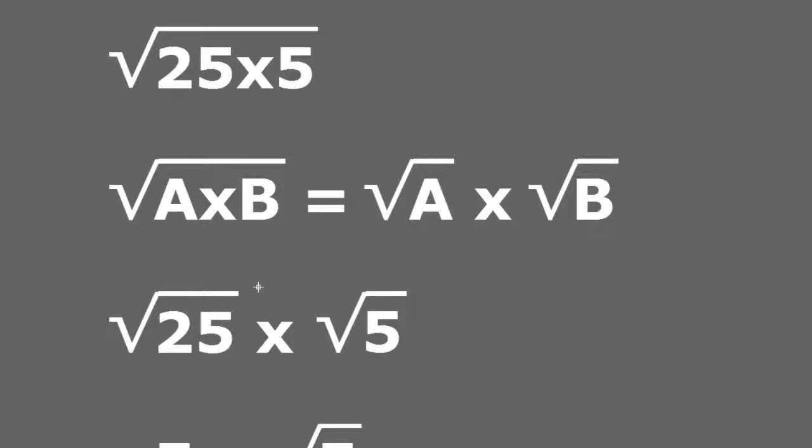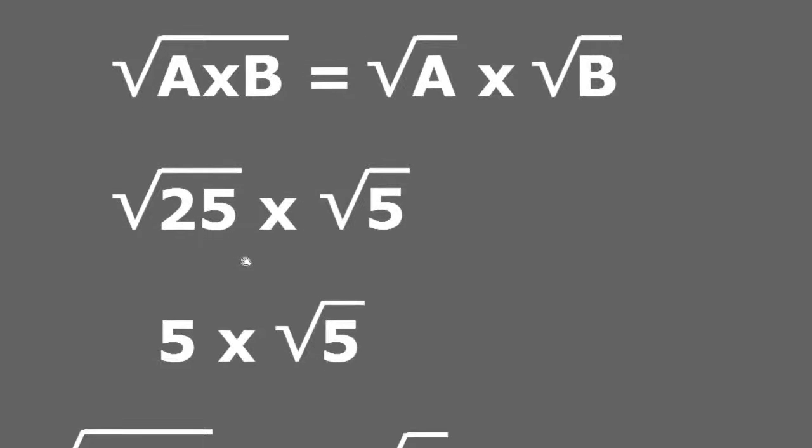So when I do this, what this allows me to do is to find the principal square root of 25. The principal square root of 25 is the number 5, positive 5. The square root of 5 is not an integer, so I am not going to change it. I'm just going to leave it as the square root of 5.